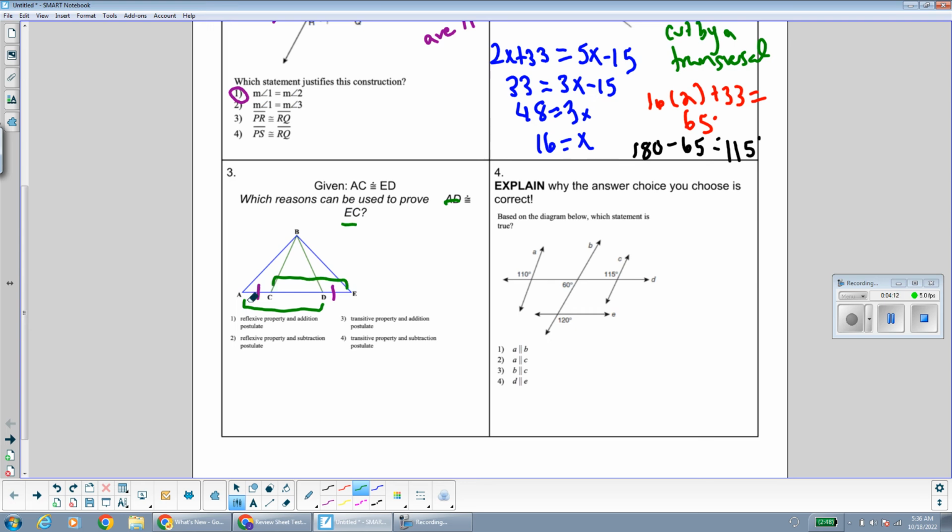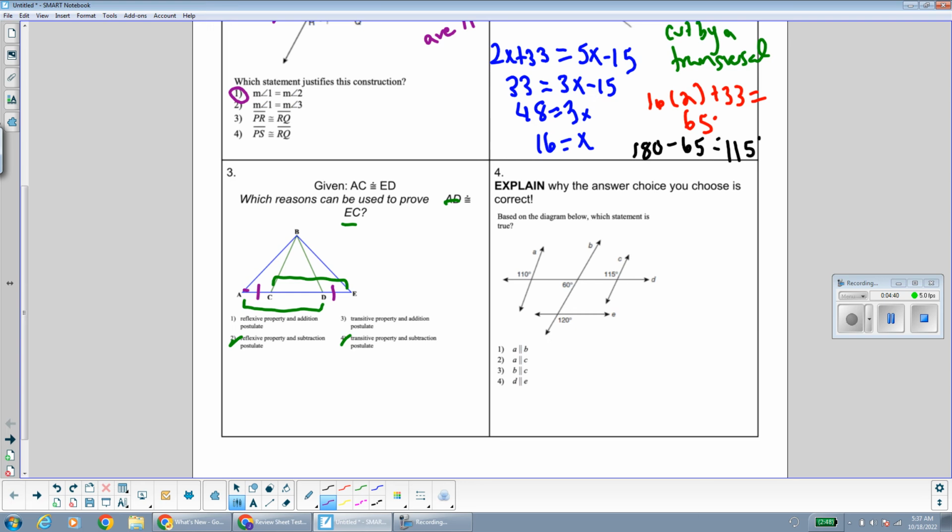Notice how we're given information about the small segments AC and DE, and we want to prove something about the longer segments AD and CE. In order to do that, when we have information that's too small and we need to make it bigger, that's addition postulate. So I'm already going to knock out everything with subtraction because we're not making things smaller, we're actually making things bigger here.